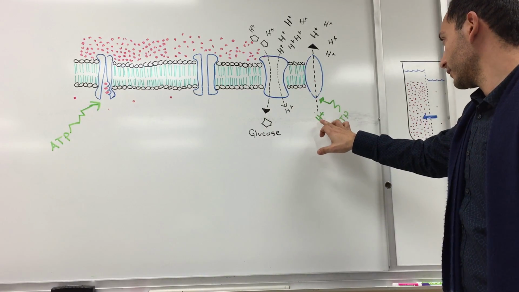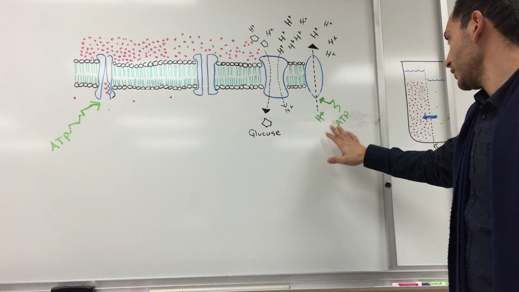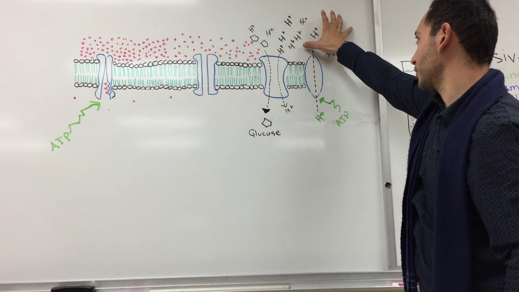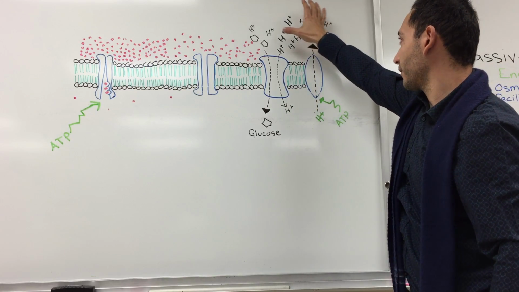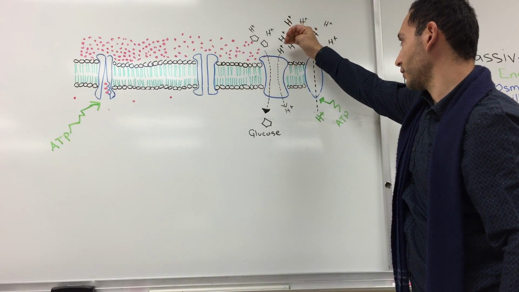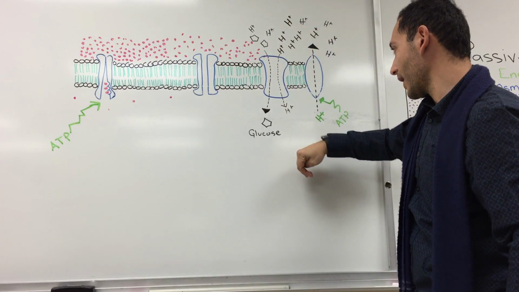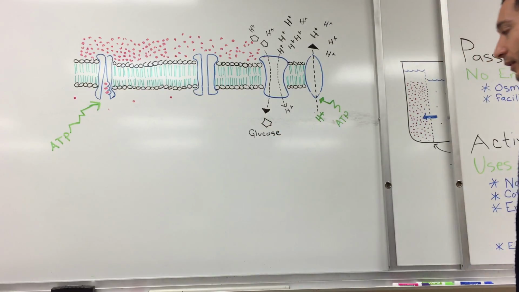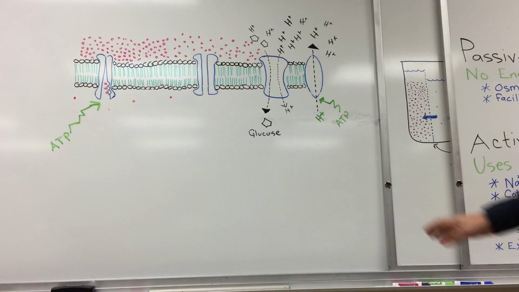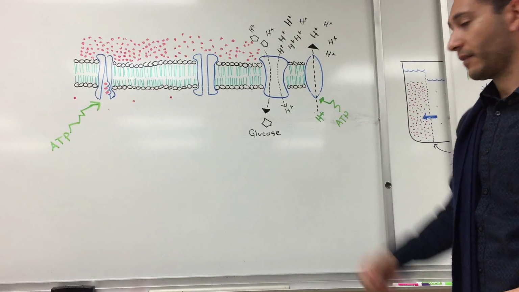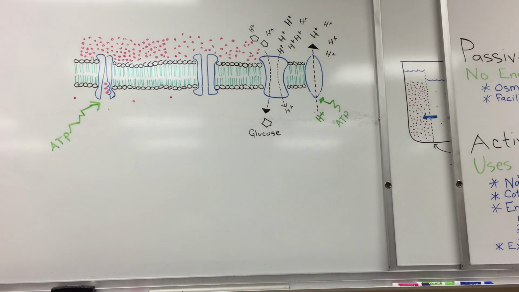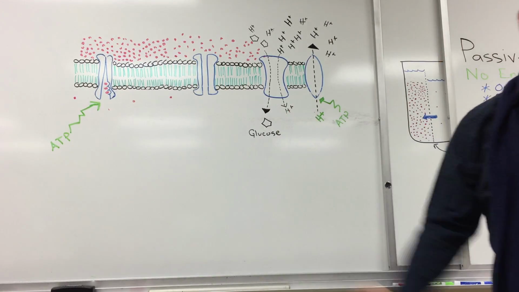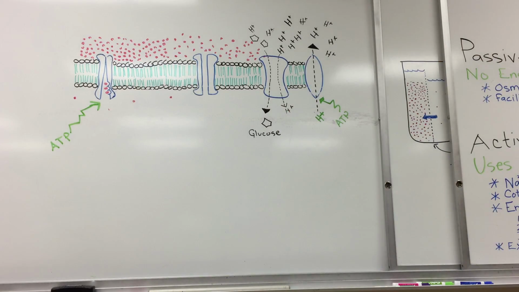All you have to do is take some energy, you make a high concentration gradient, and therefore those protons are going to want to get back in, and they bring along with them some molecule like glucose or sucrose or fructose that's larger than what is allowed through, and that is called co-transport. Co meaning combined.